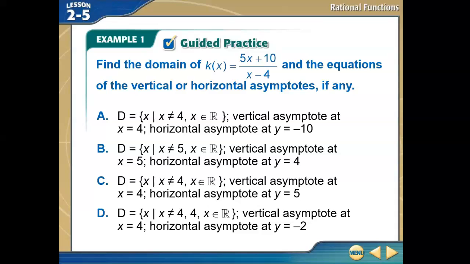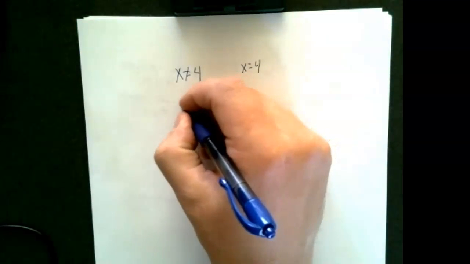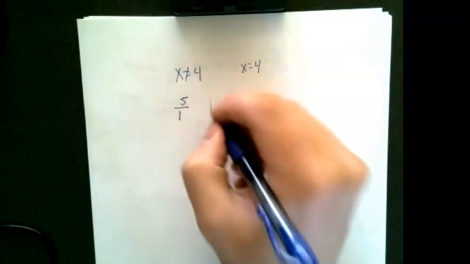But now we want to look for our horizontal asymptotes. Once again, we want to use our rules, so we want to compare the degrees. This x is to the first degree, and this x is to the first degree. Since they are at the same degree, we have a horizontal asymptote at 5 over 1.